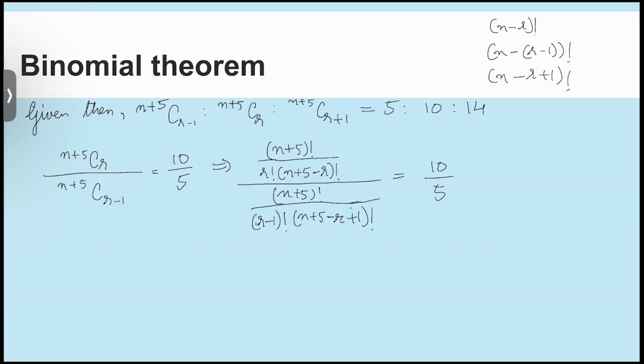Okay, so over here you can see that n plus 5 factorial will get cancelled.